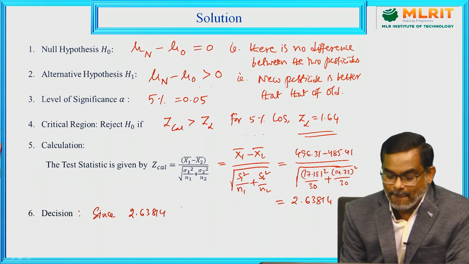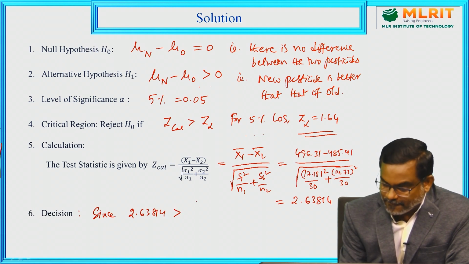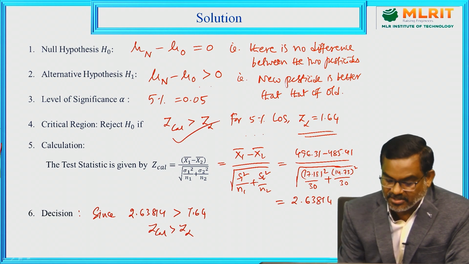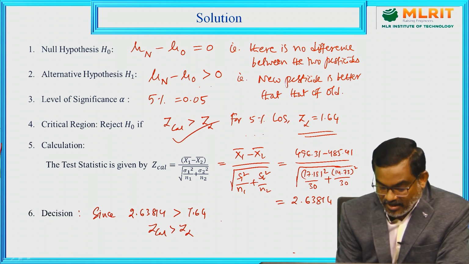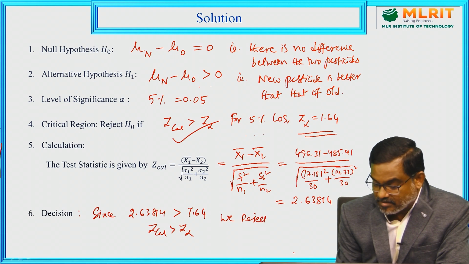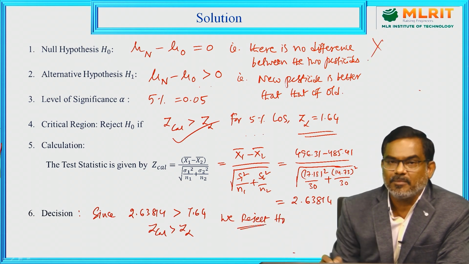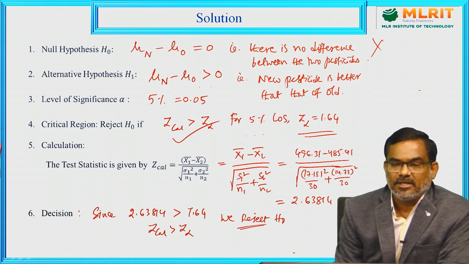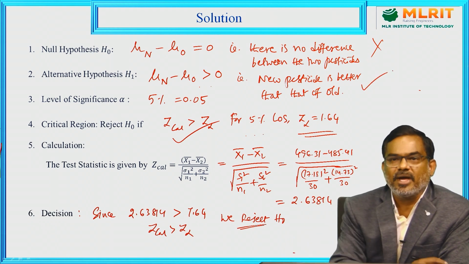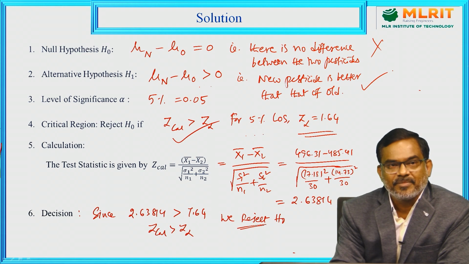and the final decision, since our calculated value 2.63814 is greater than the tabular value 1.64, Z calculated is greater than Z alpha. So, the condition is satisfied. Hence, we reject the null hypothesis H naught. If we are rejecting the null hypothesis, it itself means that we have to accept the alternative hypothesis.